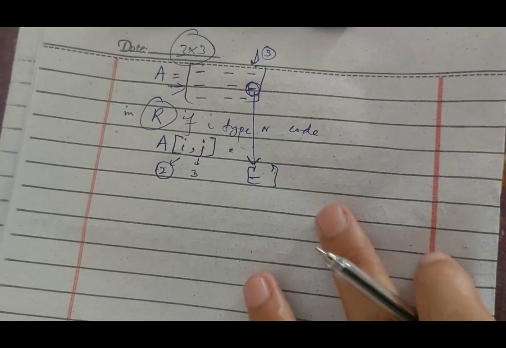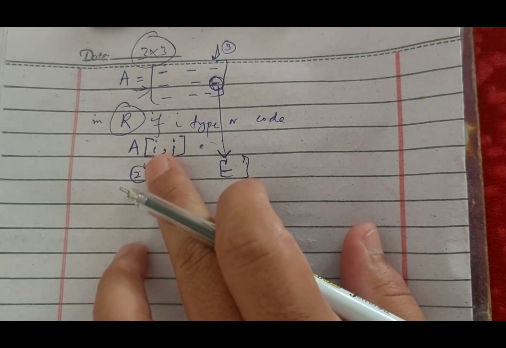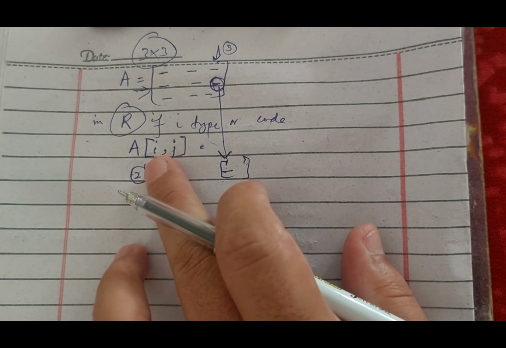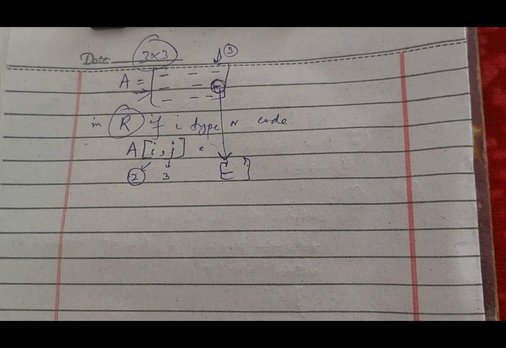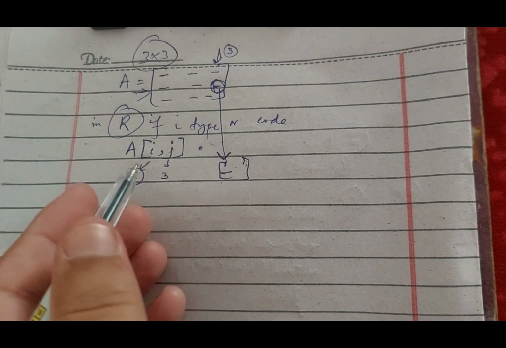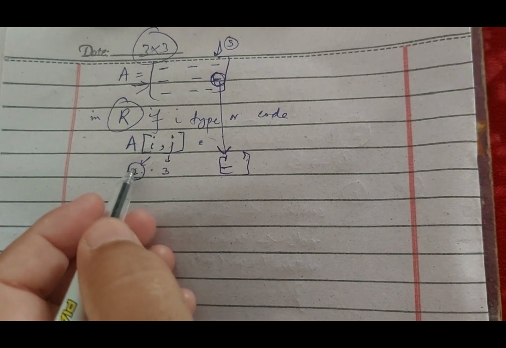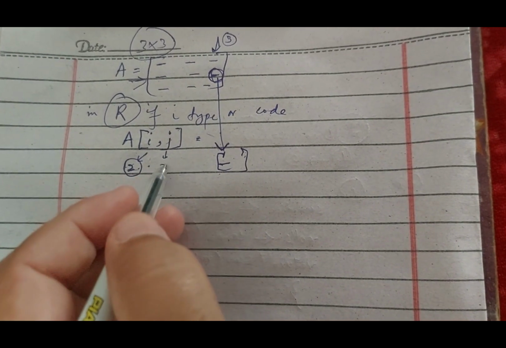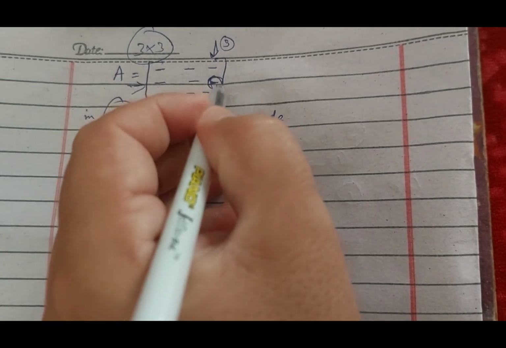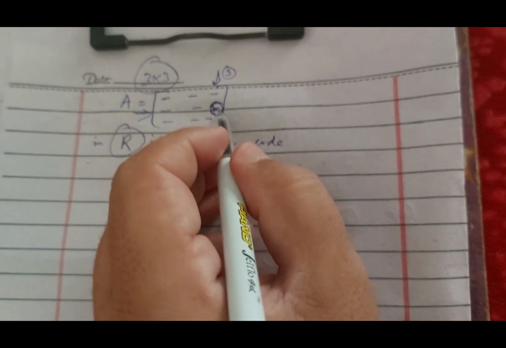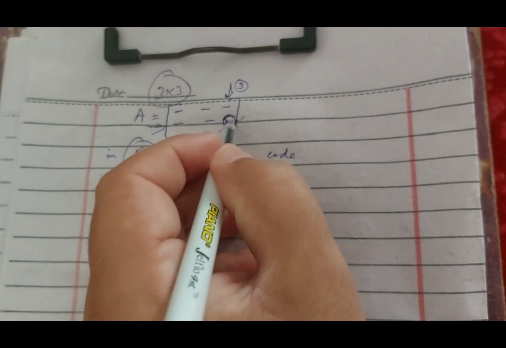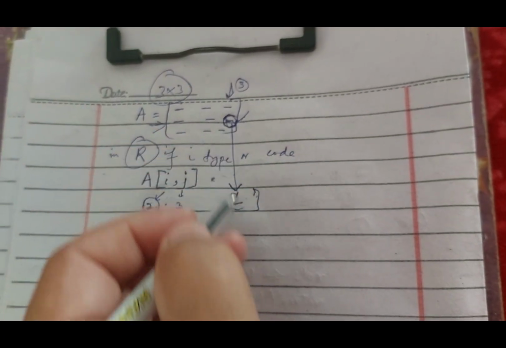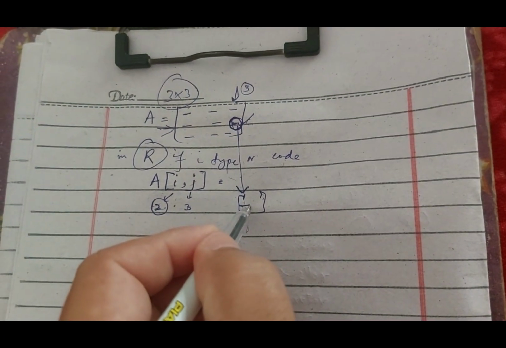We use square brackets to pick the value of a matrix element that we are interested in, like the second row's element and the third column's element. So it will print this element, whatever that is.